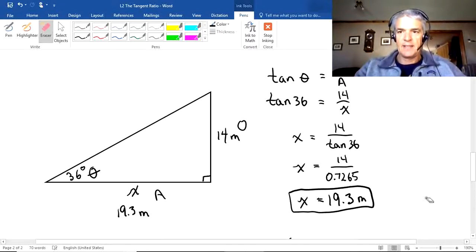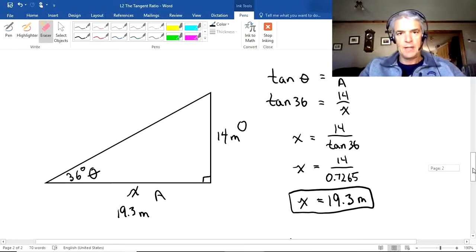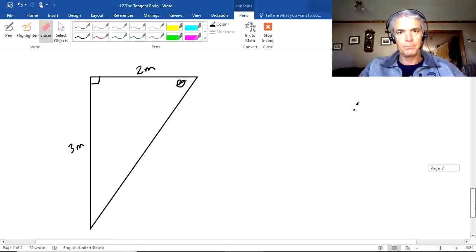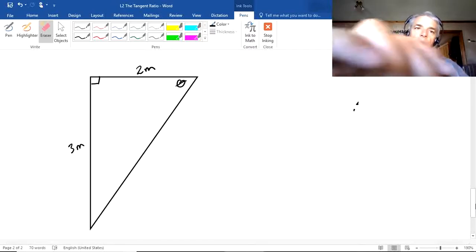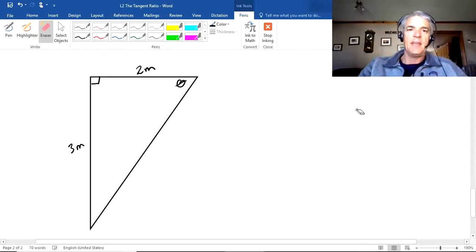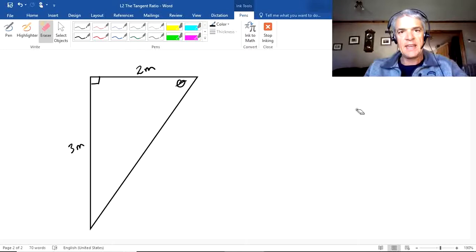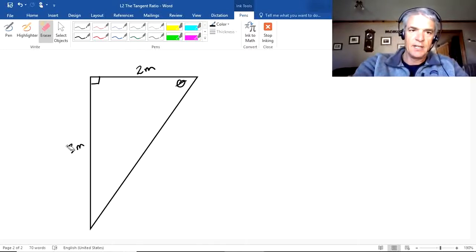I'll just clean off this, and now I'm going to do one more example. Maybe I'll do a couple more examples. We'll see. It's good to do examples, right? Let's do this example here. This time, the question does not have an angle, but it has two sides. So once again, same thing. I already labeled this as theta. That means this here is my opposite.